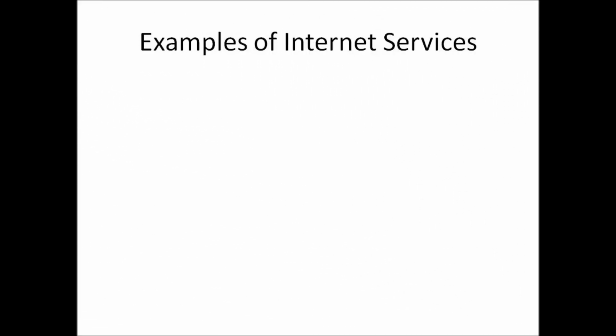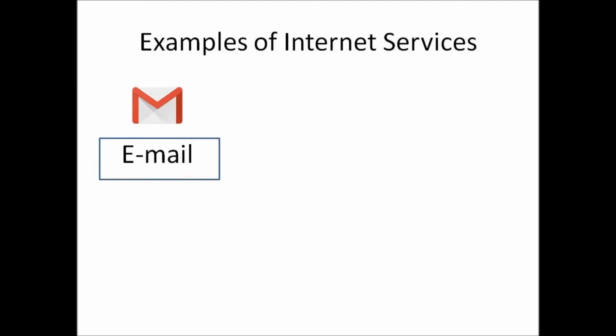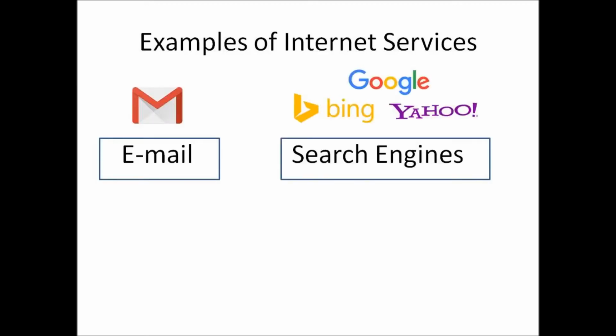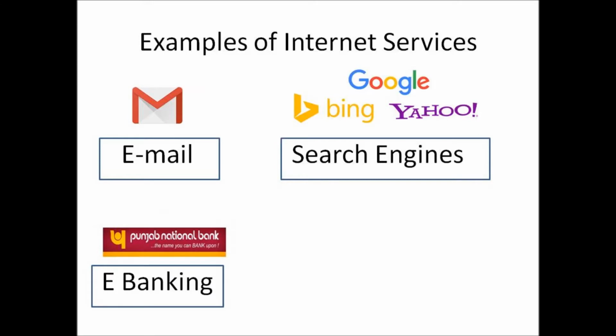Let's take some examples of those services. Email, search engines like Google, Bing, Yahoo, e-banking. There are so many banks that provide this service: Punjab National Bank, Bank of Baroda, State Bank of India, and many more banks that provide this e-banking facility.